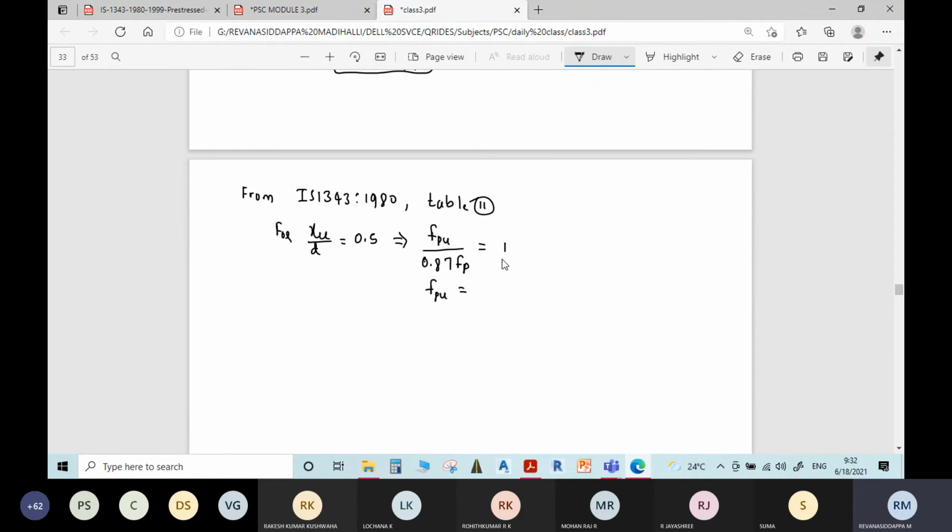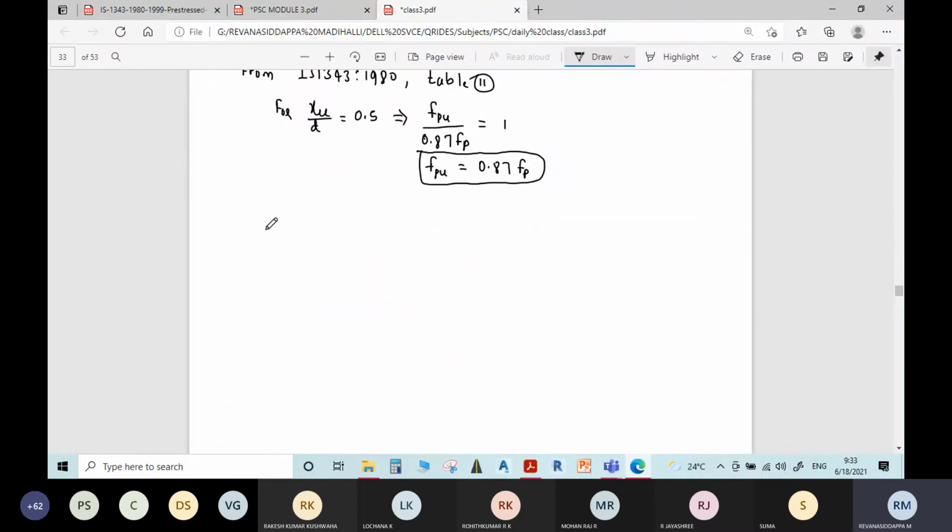Therefore, FPU is equal to, you take this to the RHS, 0.87 FP. Okay. FP is equal to 0.87 FP. Now, we know that, I'll copy this formula.